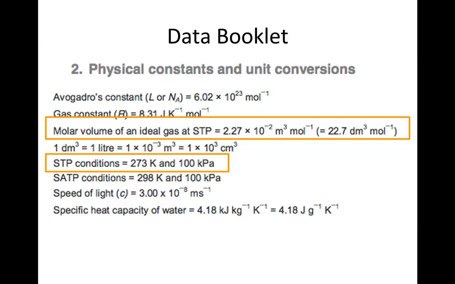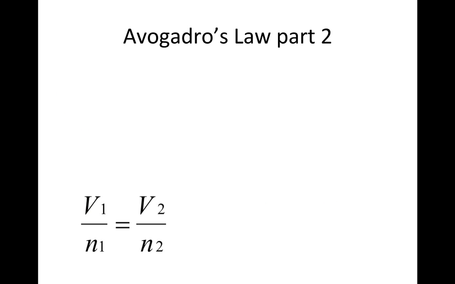Well, lucky for us, we have a data booklet on all of our tests, and the molar volume of an ideal gas at standard temperature and pressure is given to us in that data booklet. We also have the STP conditions given to us in the data booklet, along with a bunch of other stuff. So I need to know where to find my information, but at least I know that it exists. It's there. I don't have to memorize it.